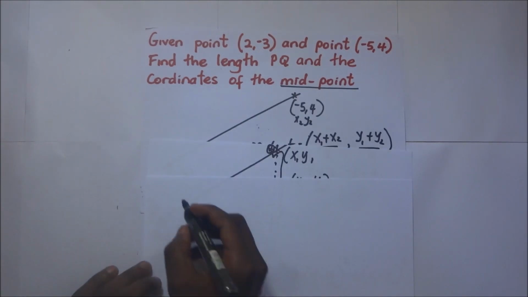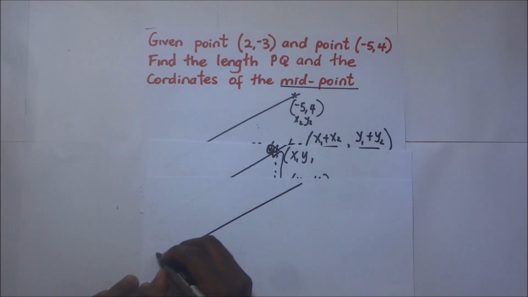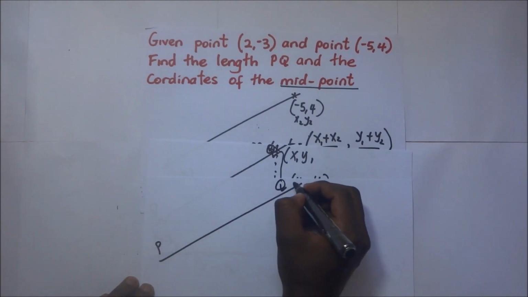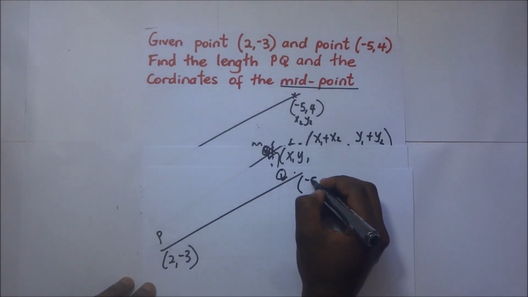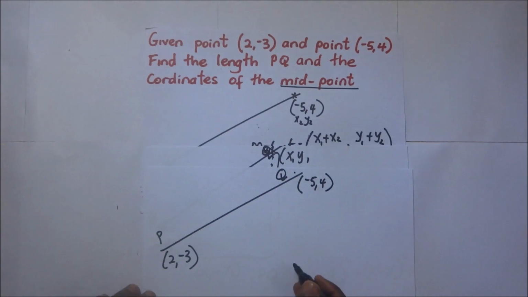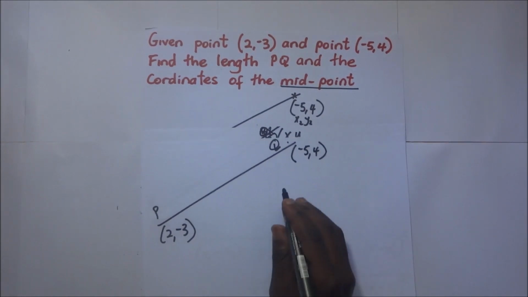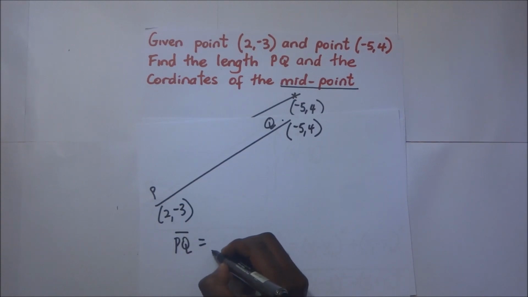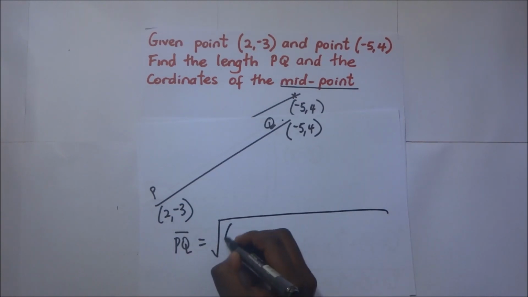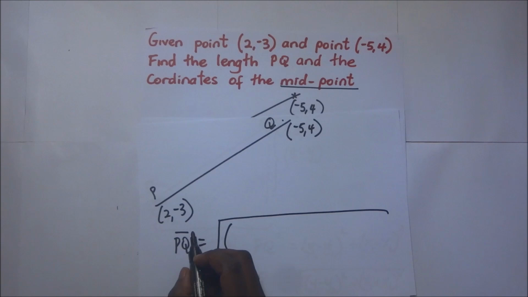So for us to get PQ, this is point P, this is point Q. We have our point P here as 2, -3. We have our point Q here as -5, 4. So to find the distance, PQ is going to be equal to the square root of y2 minus y1.